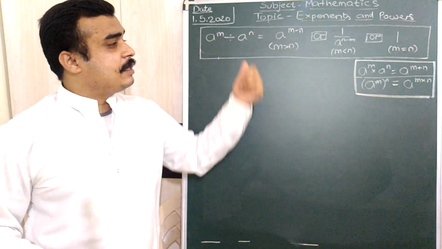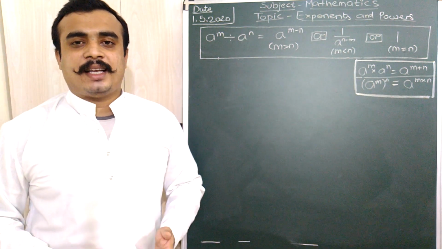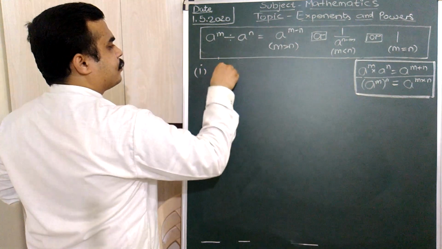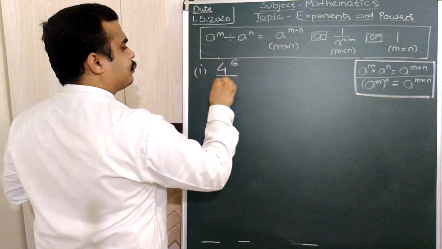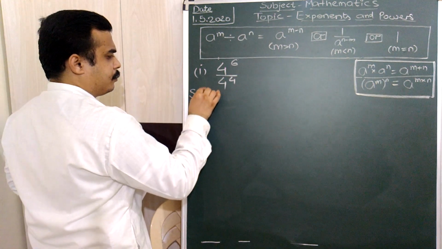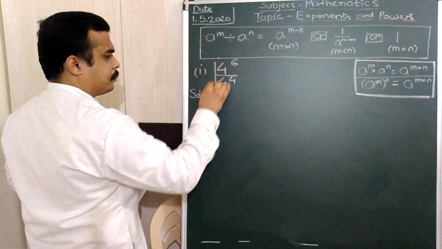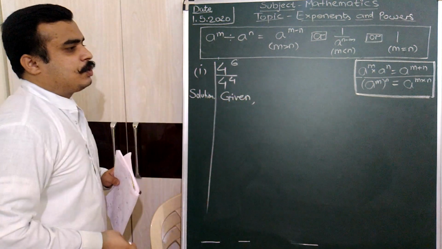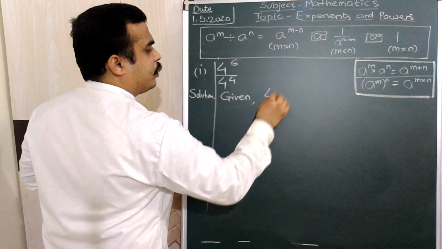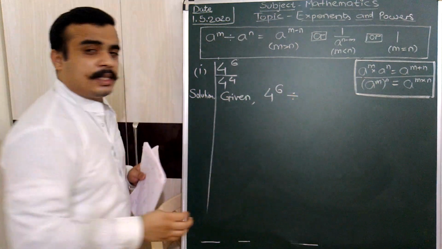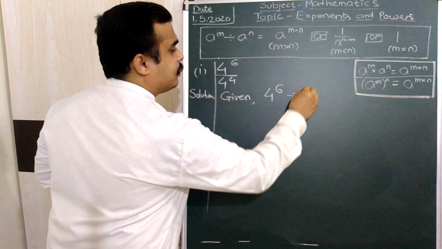So let's understand this third law with the help of the following examples. So here we have 4 raised to the power 6 upon, means divide, 4 raised to the power 4.